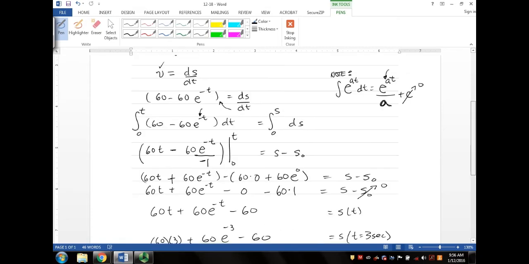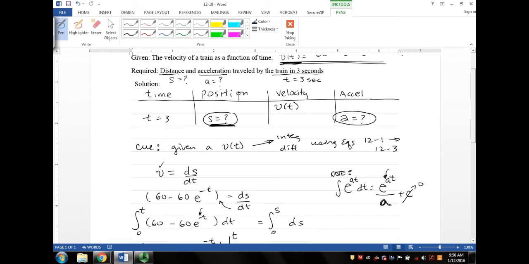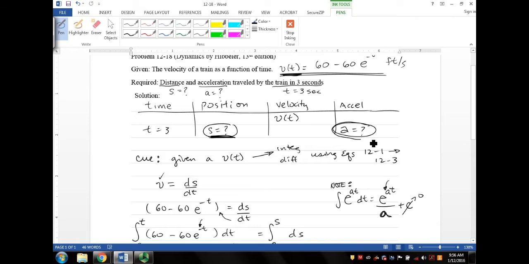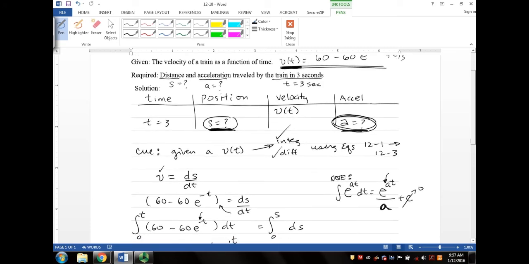The next thing we need to find is the acceleration. Again, since we have the velocity as a function of time, to get acceleration all we need to do is take the derivative. We just finished integrating, now we're going to take the derivative of the velocity function.